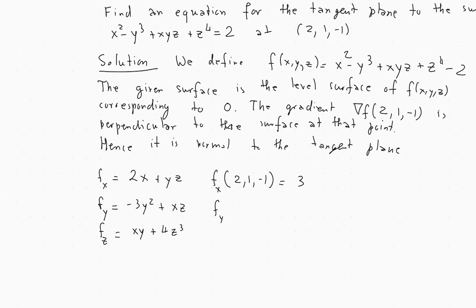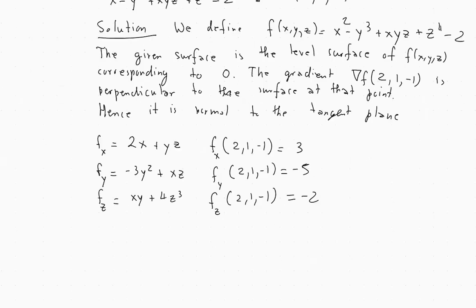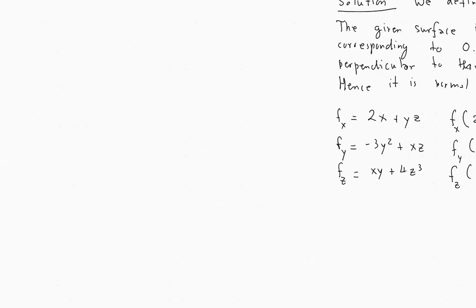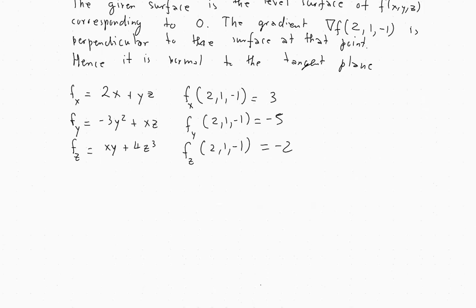Minus 3, minus 2. So that should be negative 5. And f sub z at 2, 1, negative 1 will be what? It will be 2 minus 4, also known as negative 2. So that tells you that the gradient at the point we're interested in is going to be the vector 3, negative 5, negative 2.